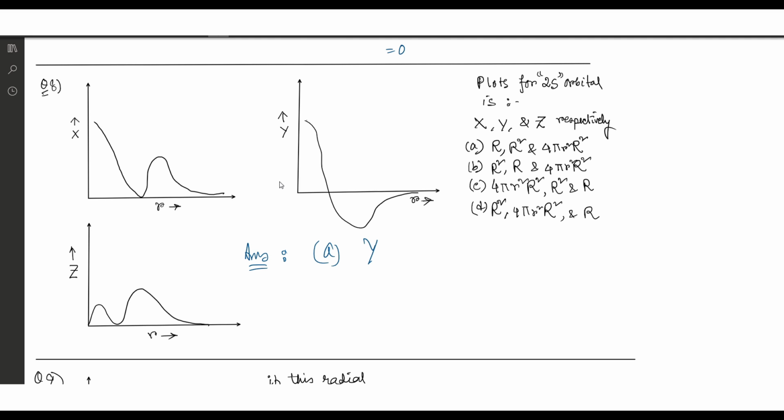Because y will definitely be capital R, because the value of R cannot be negative, because probability can never be negative.